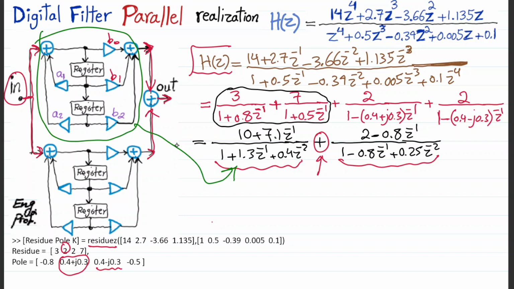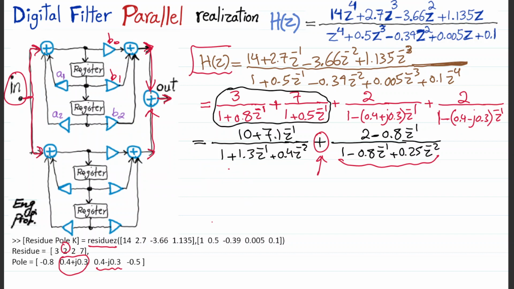If you want to do that, then you will see that obviously you have a 10. So you set this b0 to 10, and then you see that you have a 7.1, so you set this one to 7.1 for b1, and then there is no z^-2 in the numerator, so b2 is 0.